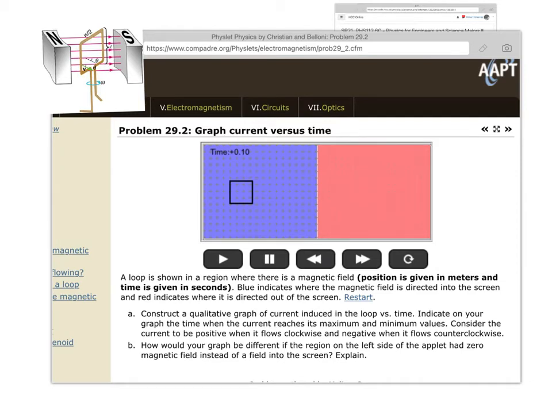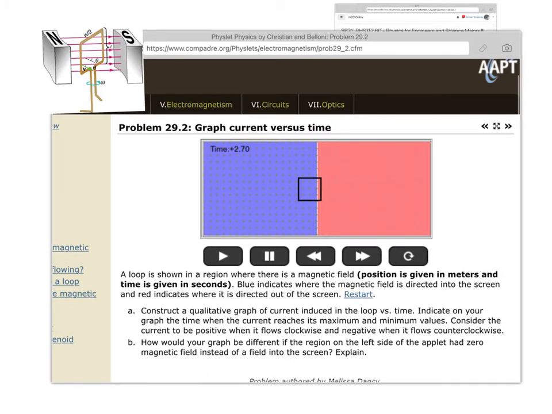So the change in field is actually the final minus the initial. And so the change in field as it moves through is going to be the 0.5 minus a negative 0.5. So the change in field is actually 1 Tesla.